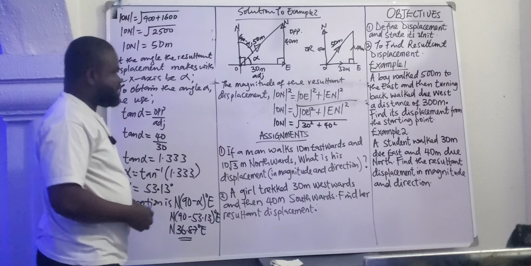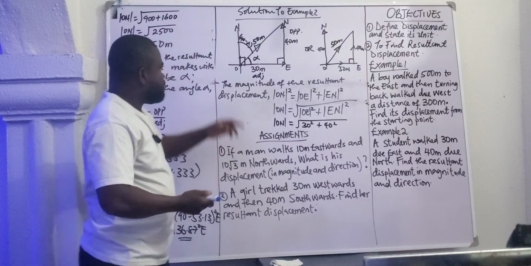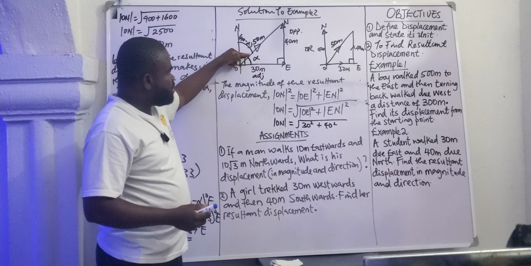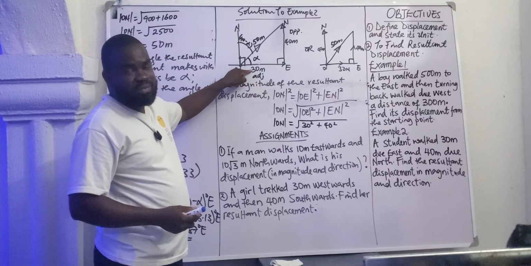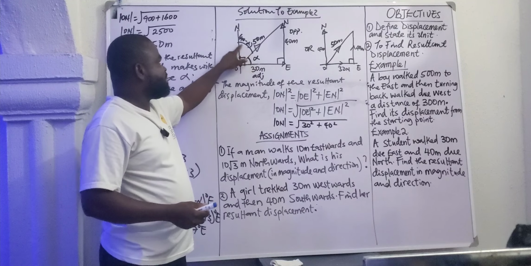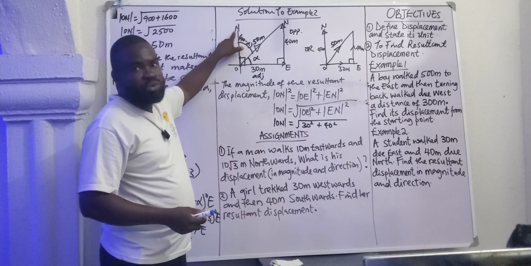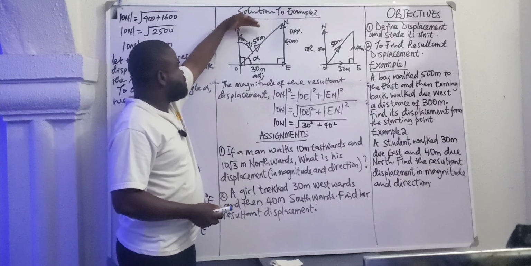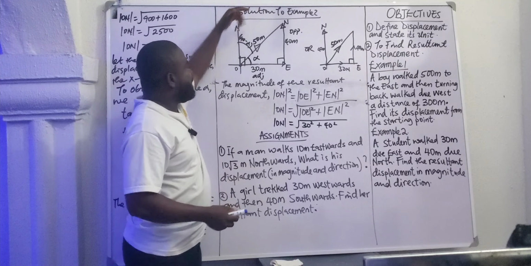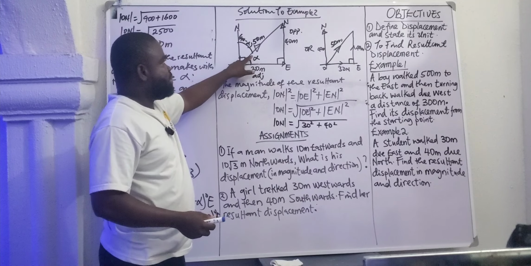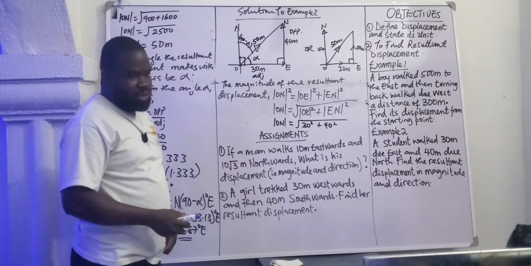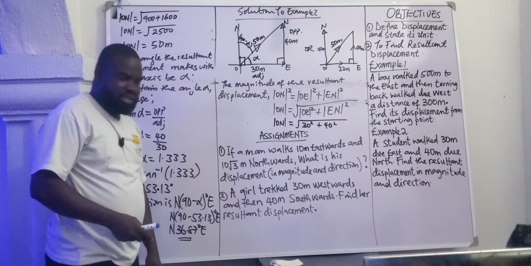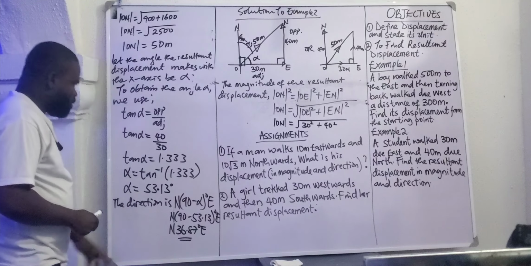I want to emphasize as well that although I have used this method by finding the angle between the resultant and the x-axis before I subtract it from 90 to get the angle with the north pole, a student can decide to use this triangle and find this angle directly. If you find this angle directly with the north pole, you would not need to subtract it from 90. So you have to take note of that.